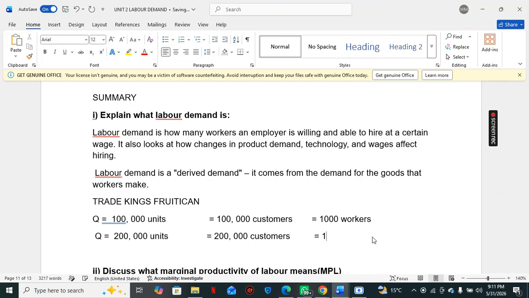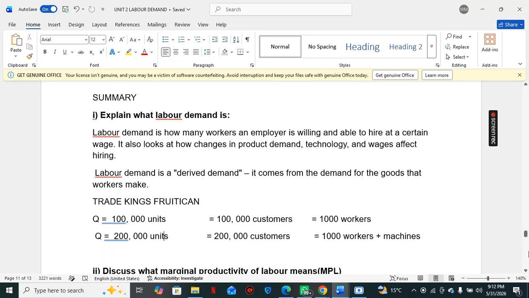They don't need more workers because there's technology. So you can put here 1,000 workers plus machines. And these 1,000 workers plus the machines will be able to achieve this 200,000 units.